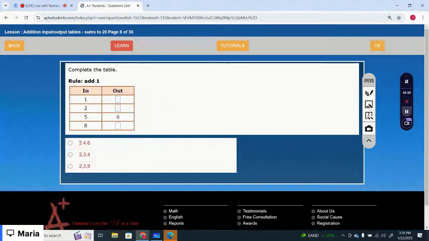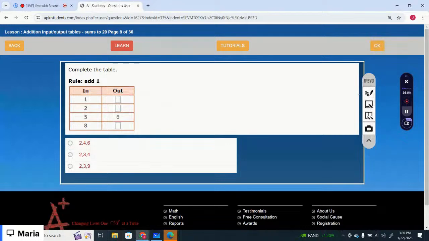Very good. Complete the table. You have to add 1. So which is the correct option? You need to add 1.